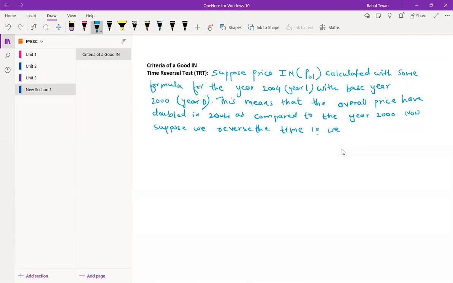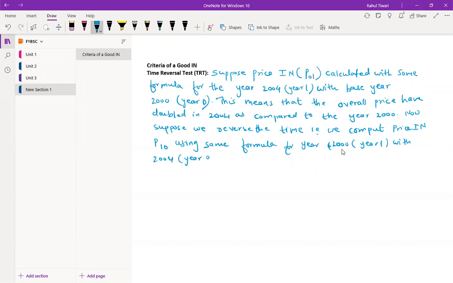We compute the price index number, which was P01, and now it will be P10, using the same formula, for the year 2000 as year 1 with 2004 as year 0, the base year.